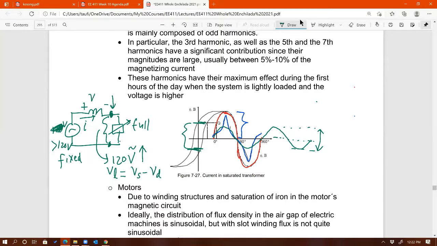So at light load, this V drop is smaller, and that makes the load voltage bigger. That's what is being seen by the transformer. At light load, it will see a larger voltage. If that happens, the transformer operates in the nonlinear region, and that causes the transformer to draw nonlinear current. Does that make sense? Any question on that?